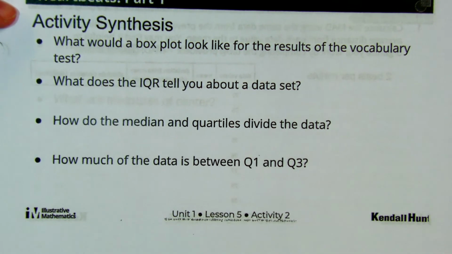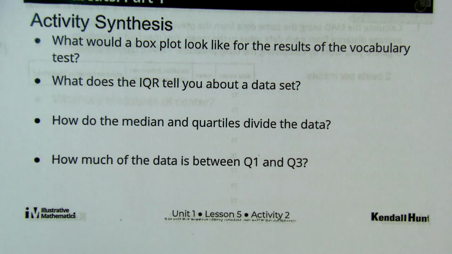So if we look at this, what would a box plot look like for the results of the vocabulary test?